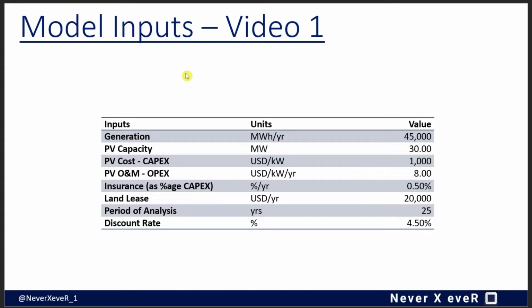So looking back to what we did, these are the inputs that we used in our first video. As we recall, we only had a PV power plant. Everything was being delivered to the load, or to the grid, and these are the inputs. We have the total generation, the PV capacity, the PV opex, the PV capex as well, the insurance, the land lease, the period of analysis, and the discount rate.